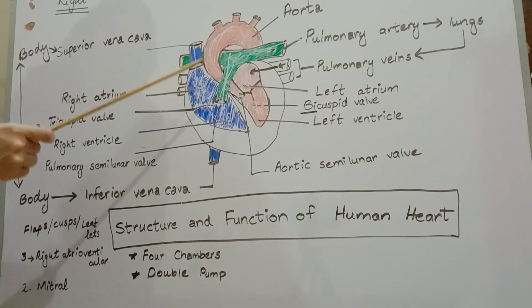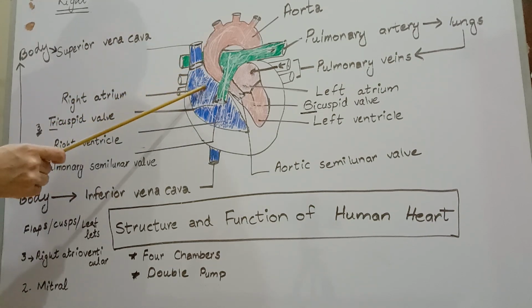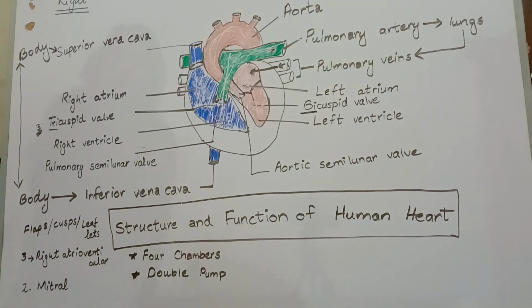The right atrium receives deoxygenated blood through the two main veins: the superior vena cava from the upper parts of the body, and the inferior vena cava from the lower parts of the body.